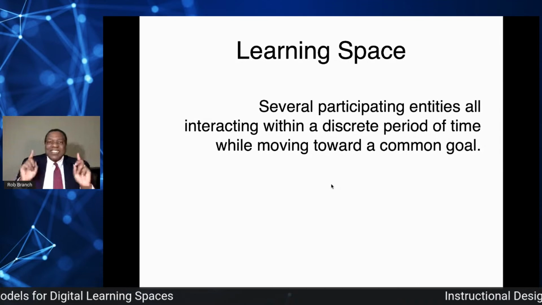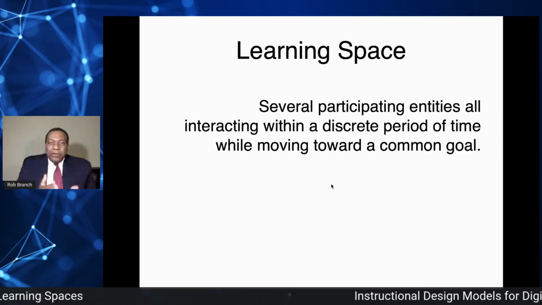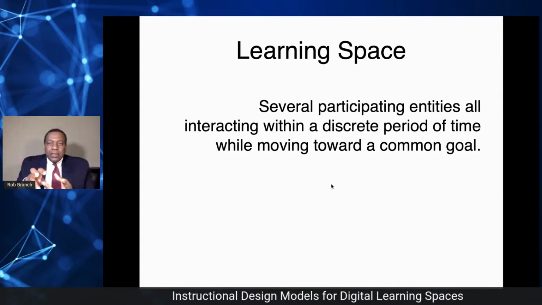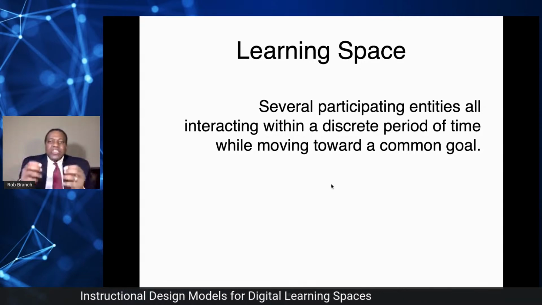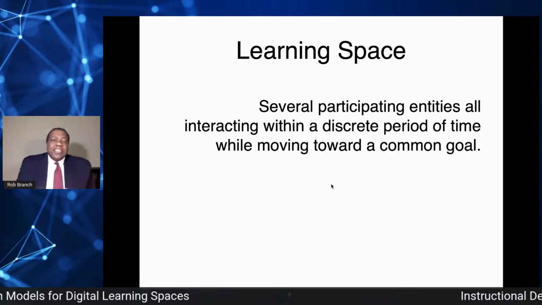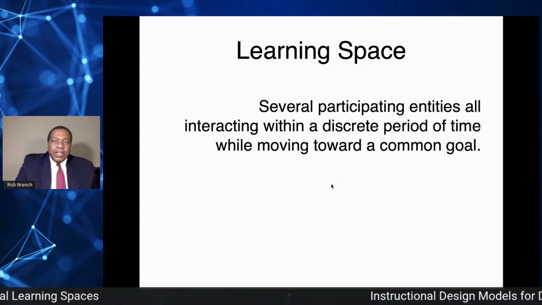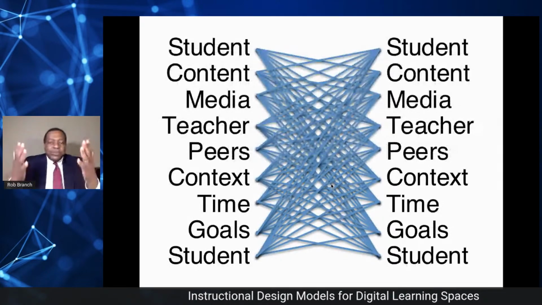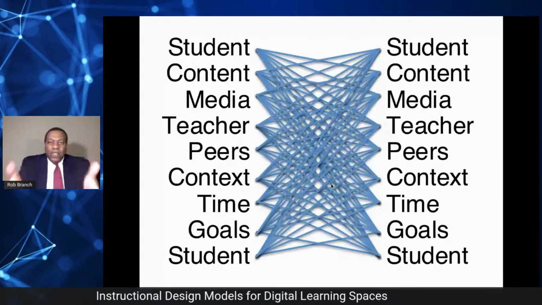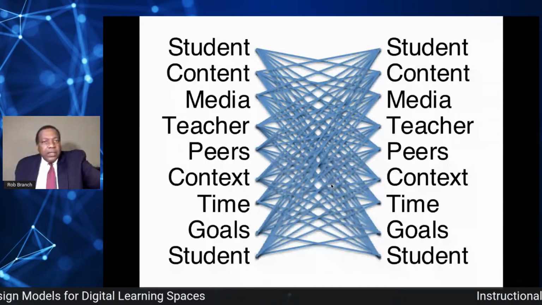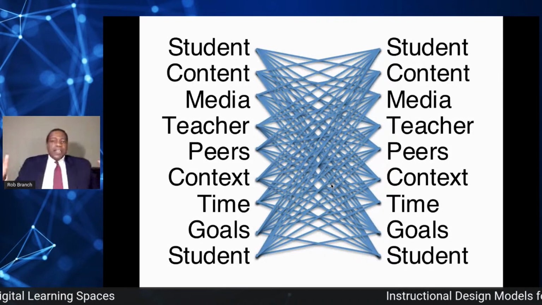This is about this concept called learning space, where you've got several things happening, interacting within a discrete period of time while seeking the same outcome. Think about it. I'm sure that the majority of us, if not all of us, on this call are dealing with student, content, media, teacher, peers, context, all of these things.